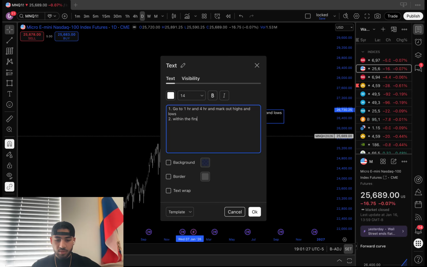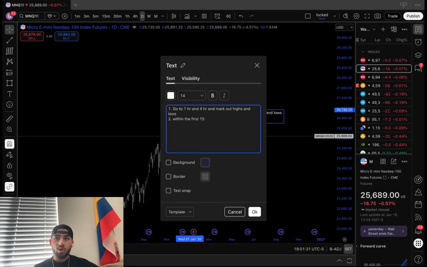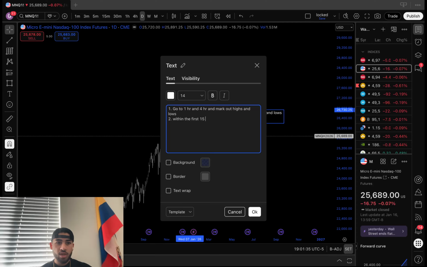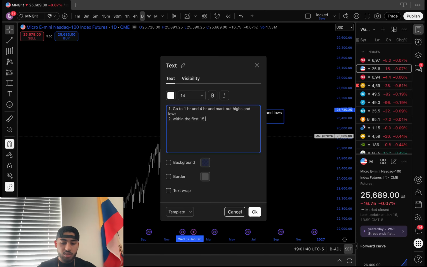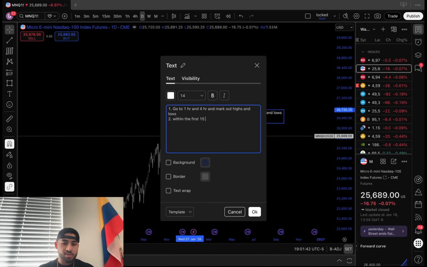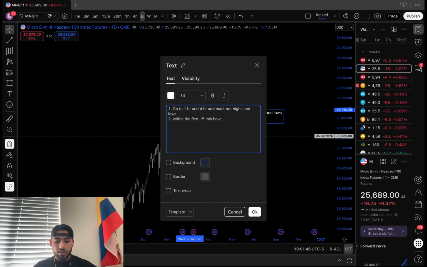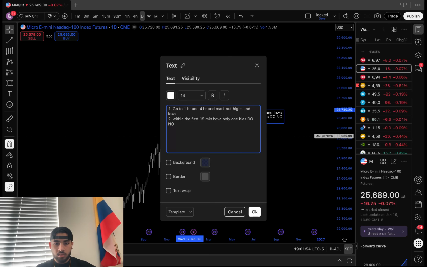Oh yeah, and when you set your conditions, make sure once market opens, once you see one of your conditions getting confirmed, you have one condition within the first 15 minutes of market. Because you can't just be switching conditions over and over again. It's just gonna mess up your mental.